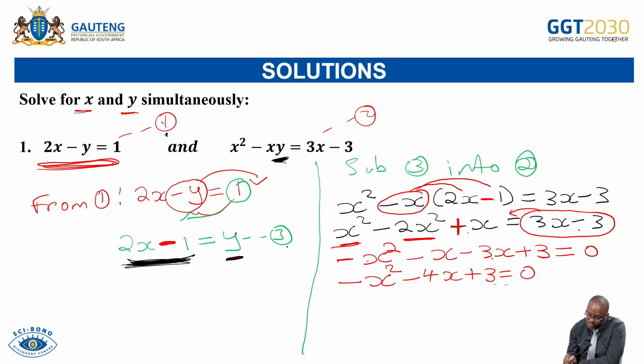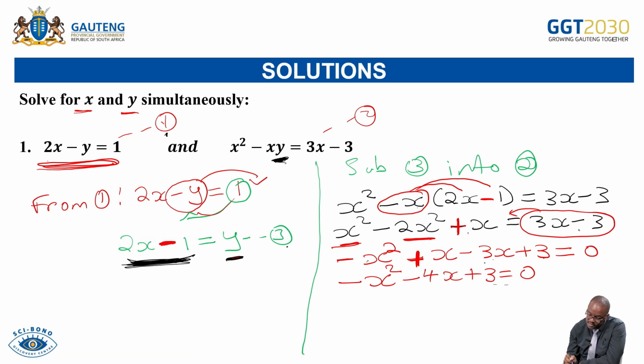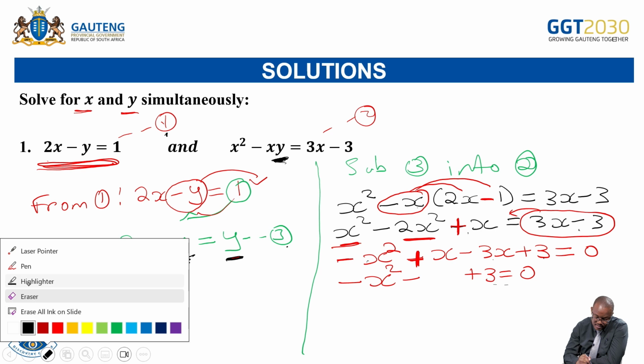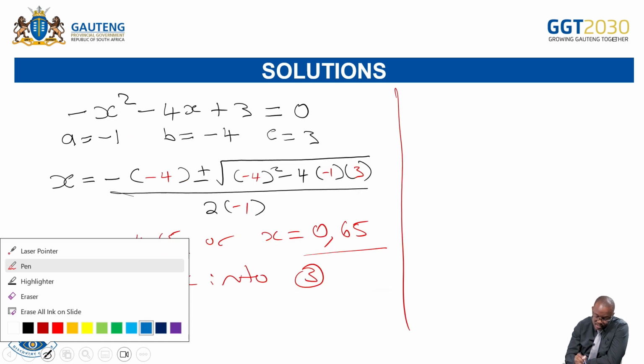Then there we are going to have positive. Then it's supposed to be -2x. That is the mistake that I've done there. Luckily I saw that mistake.